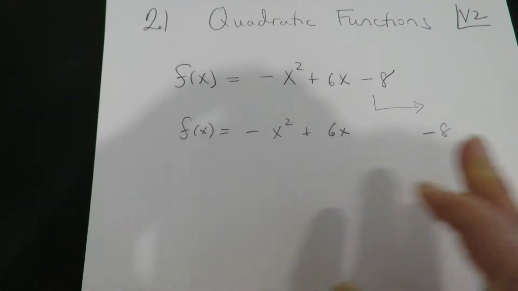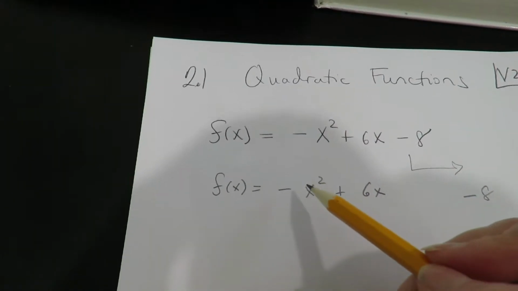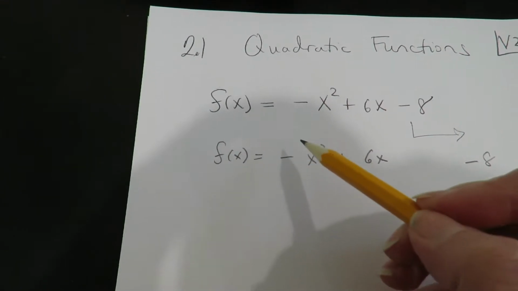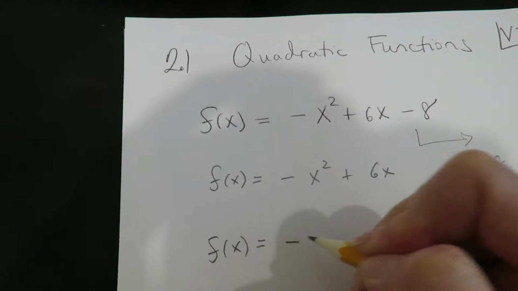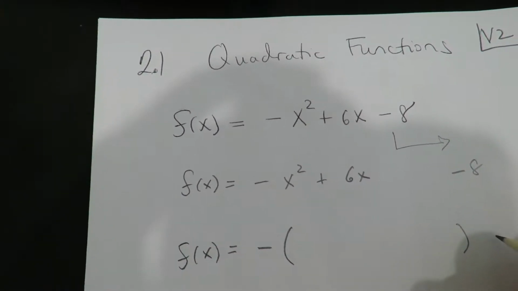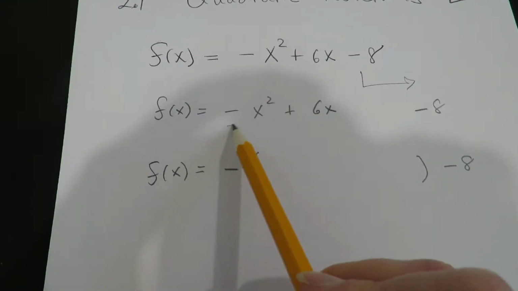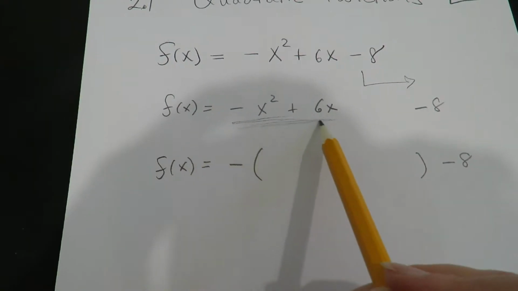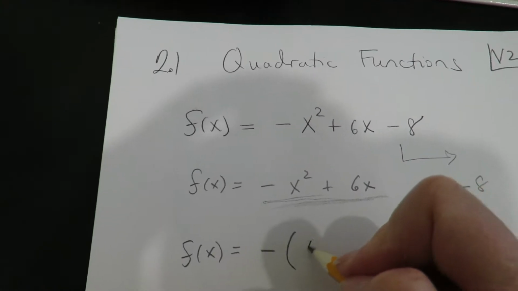So you literally just push the constant over to the side. That's the first step. The second step is that you have to make the leading coefficient a positive 1. And again, whatever you divide off the front term, whatever you factor off the front term, you have to factor off the second term as well.